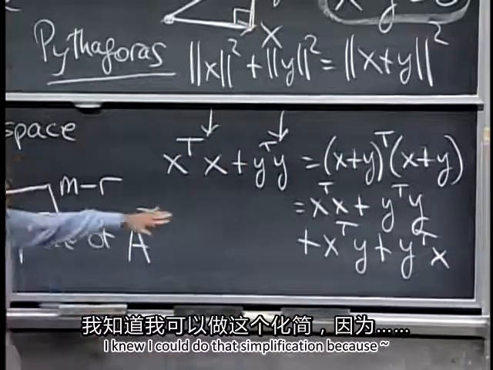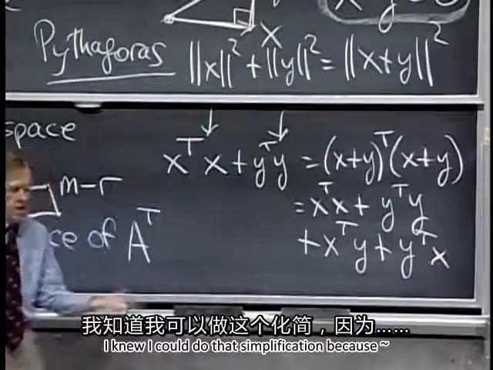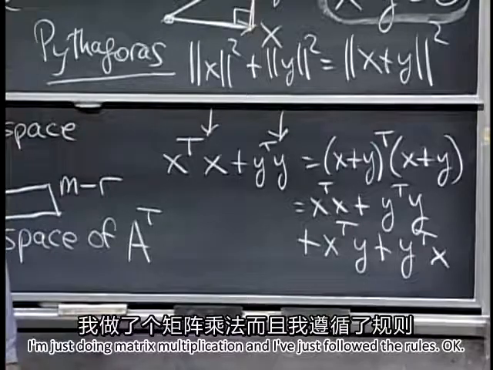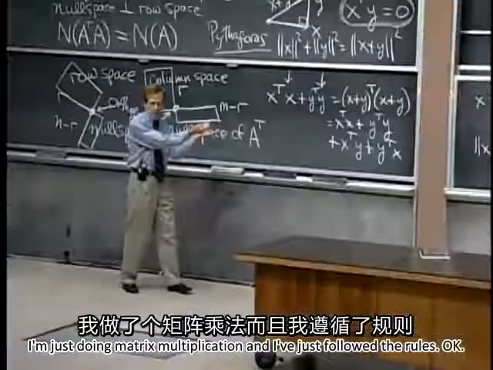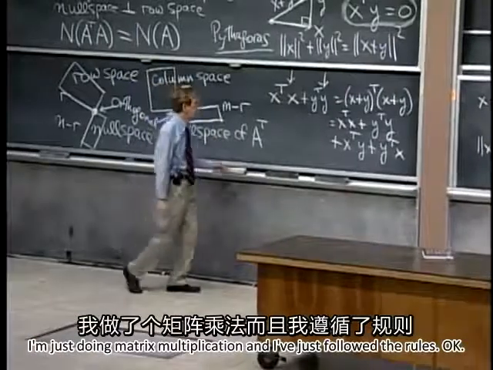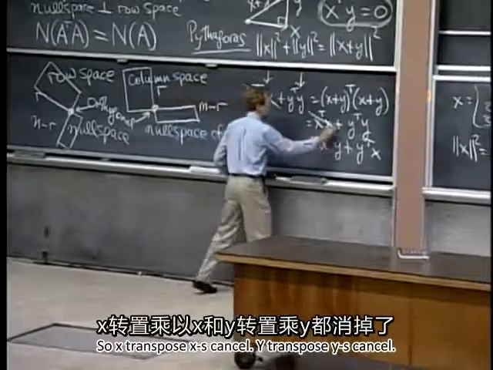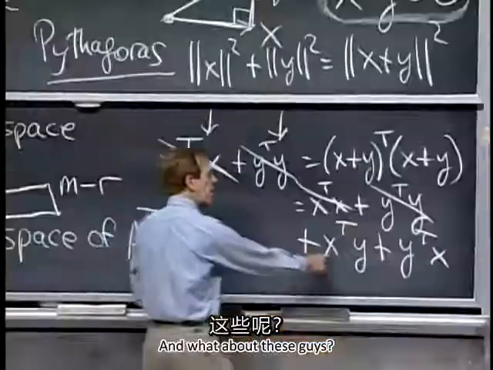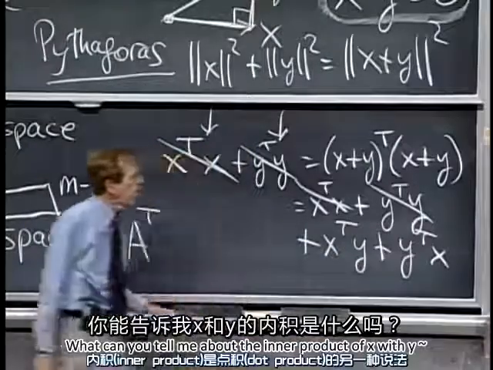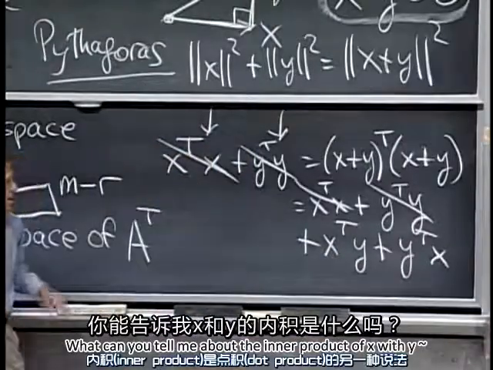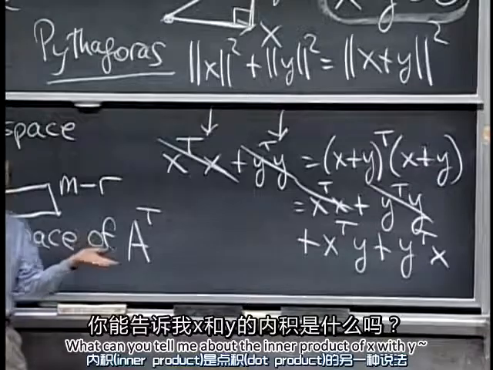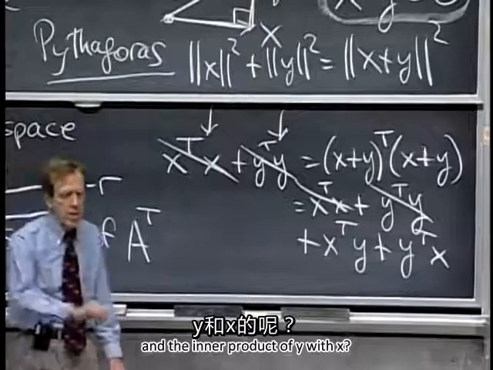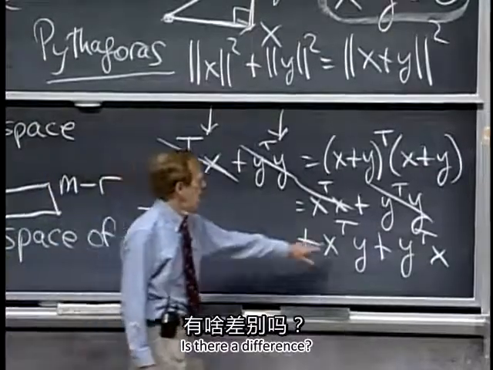I knew I could do that simplification because I'm just doing matrix multiplication and I've just followed the rules. So x transpose x's cancel, y transpose y's cancel. And what about these guys? What can you tell me about the inner product of x with y and the inner product of y with x? Is there a difference?